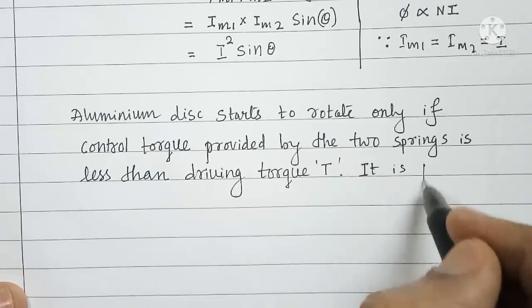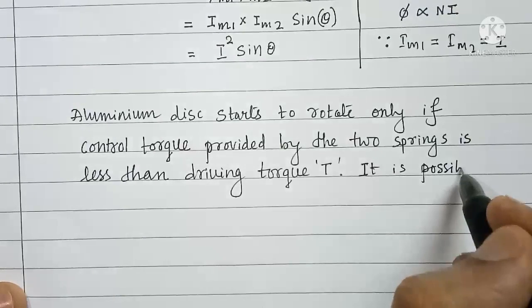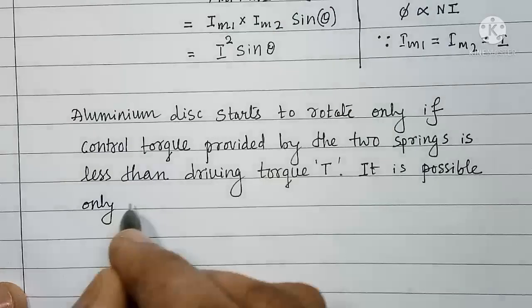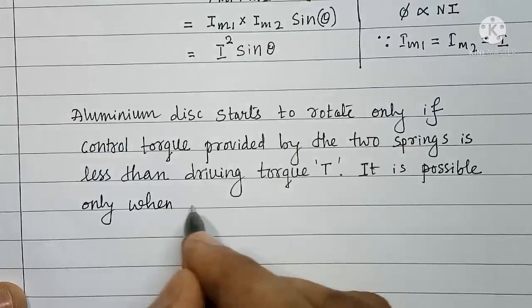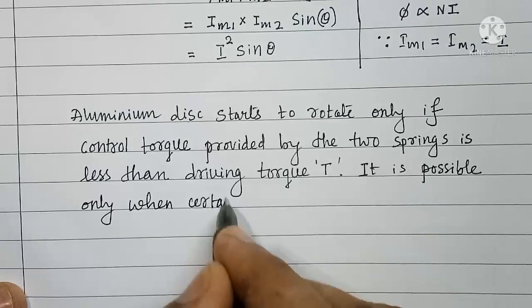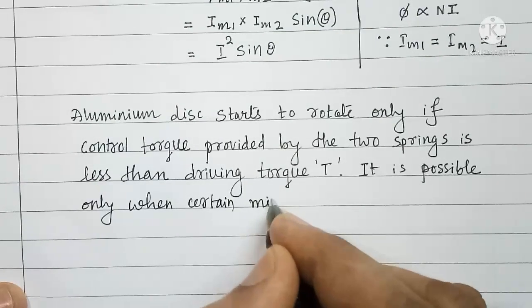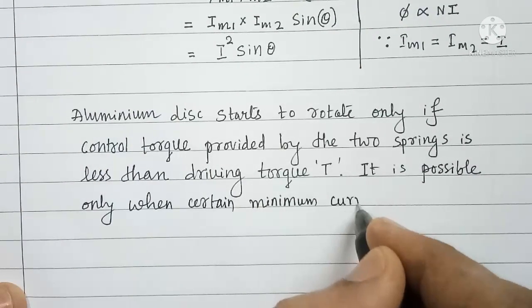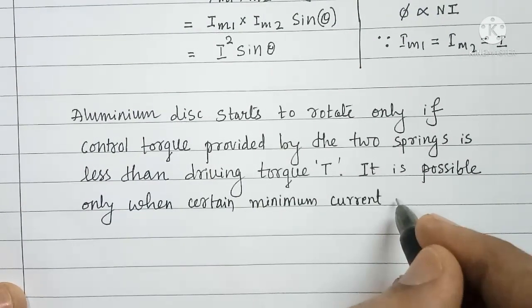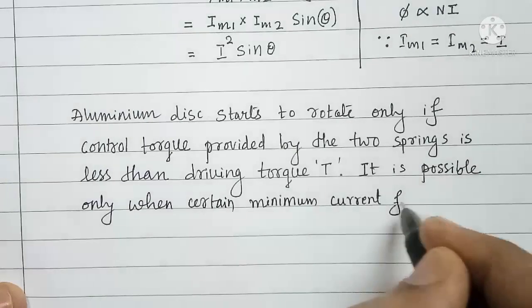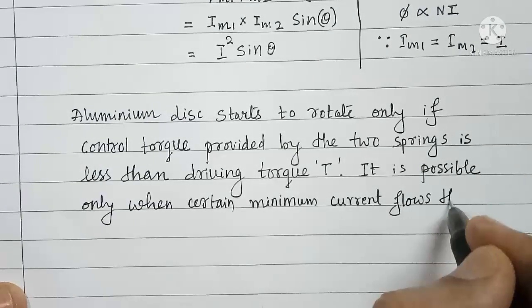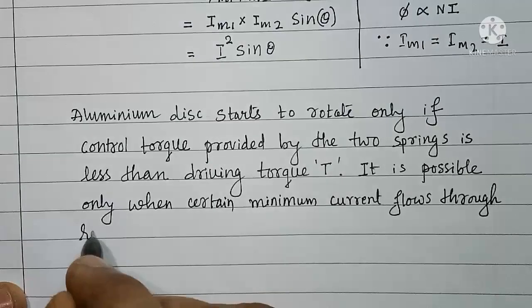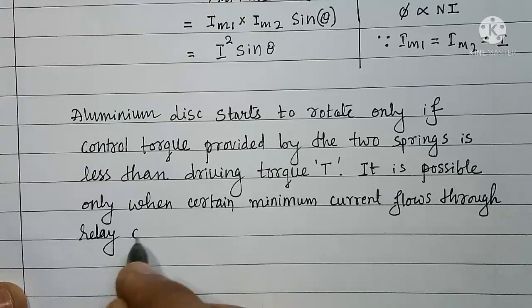So right here it is possible only when certain minimum current flows through relay coil.